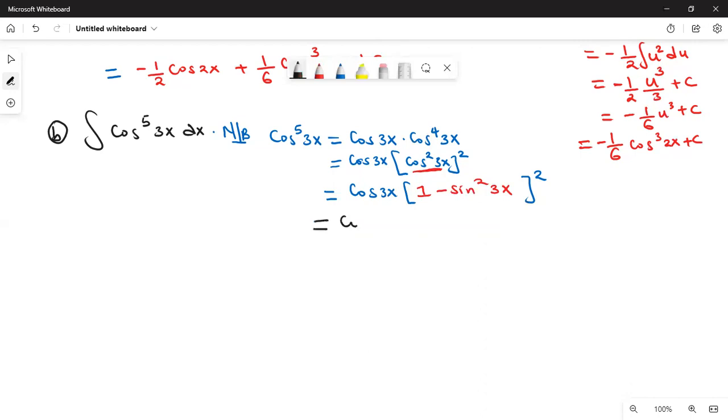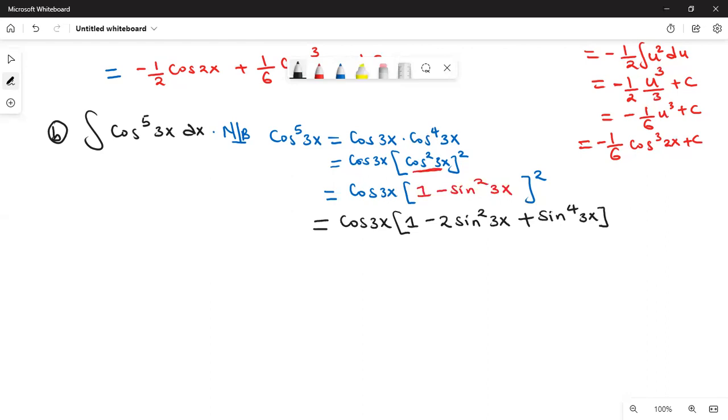It is the same as cosine of 3x. Remember, a minus b squared is the same as a squared minus 2ab plus b squared. So this will give us 1 minus 2 sine squared of 3x, then now plus sine raised to 4 of 3x. So that's what we have.